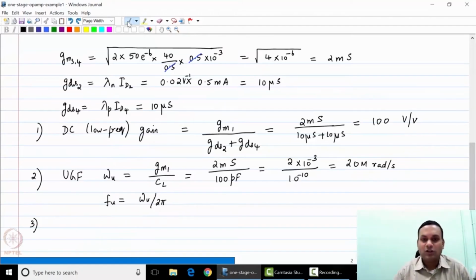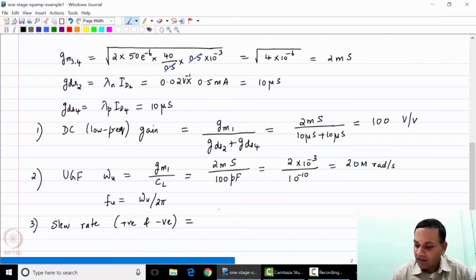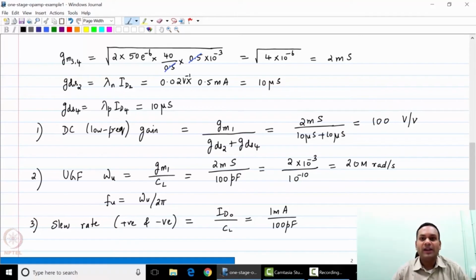So the next component that we can write down is the slew rate. The positive and negative slew rate are both equal for the one stage op amp. This is nothing but ID0, which is the maximum current that can flow in and out of the op amp, over CL. So this is 1 milliamp over 100 picofarad.